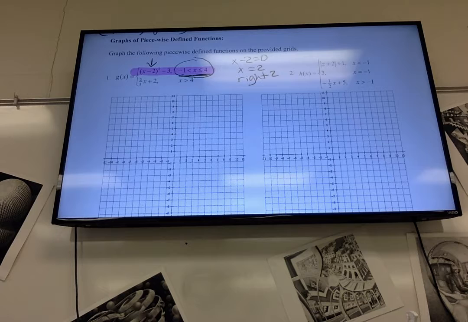And that -3 means that it's going to go down 3. So to the right 2 and down 3. I know that's the bottom part of my parabola, of that U. Now I just got to get the other points.